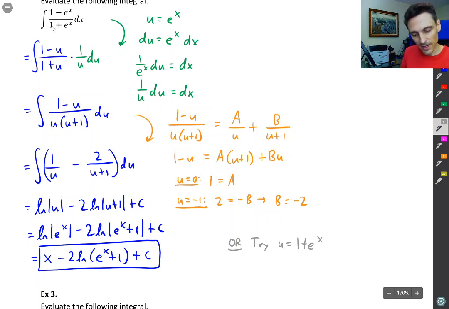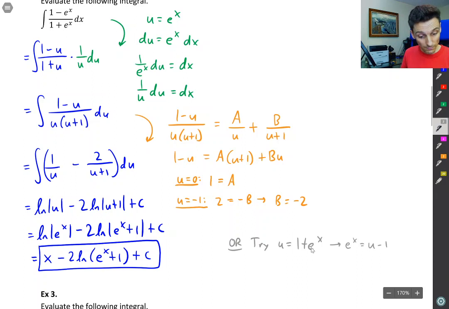Try letting u equal 1 plus e to the x, and then for the top part, try solving this for e to the x. So you would get e to the x equals u minus 1. So when you're doing your substitution, you would get 1 minus, and then in parentheses, u minus 1, and then over u, because the whole bottom would turn into u, and then the dx, you would just have to figure that out. It would be like e to the x dx. So you can check to see how that would work out.